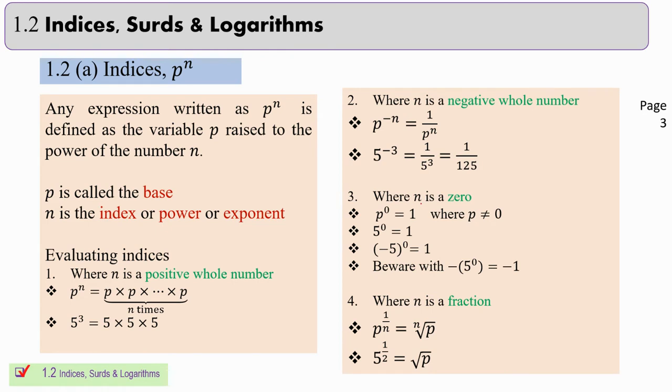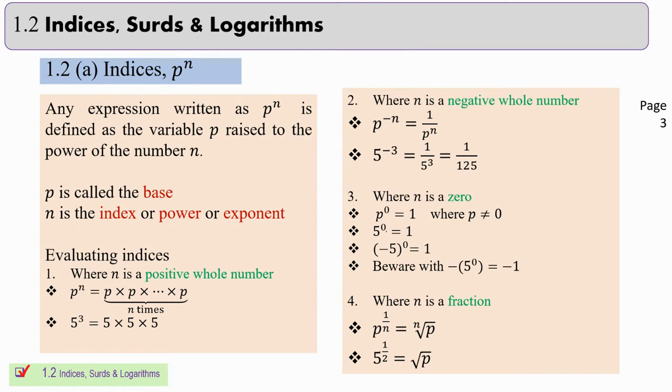What happens if your n is 0? If your n is 0, any base except 0 gives 1. We cannot say 0 power of 0 equals 1. So any other number except 0, to the power of 0, equals 1, inclusive of positive and negative integers.